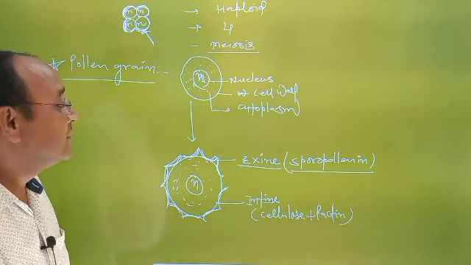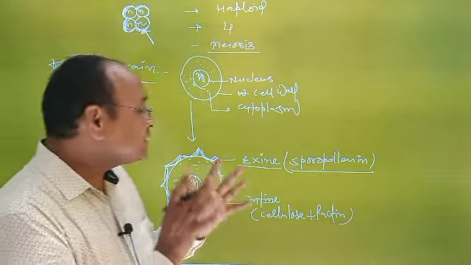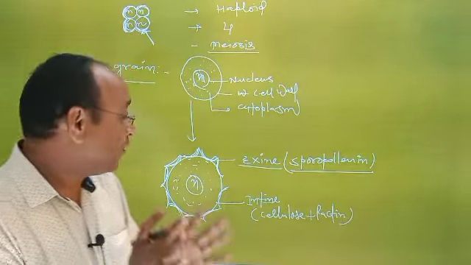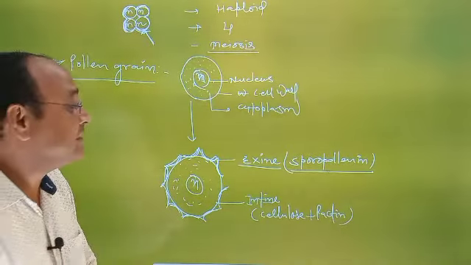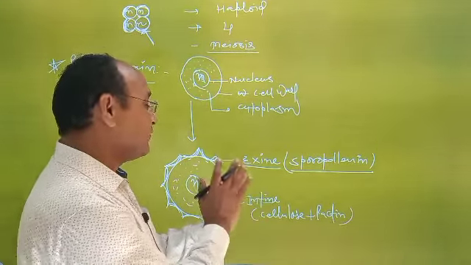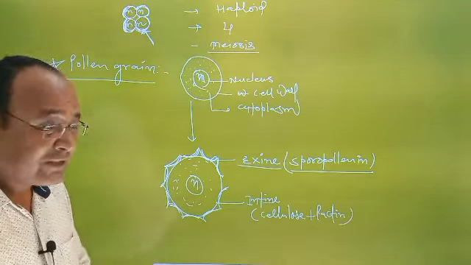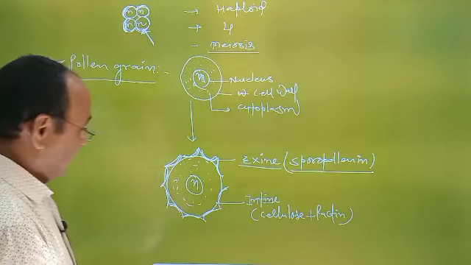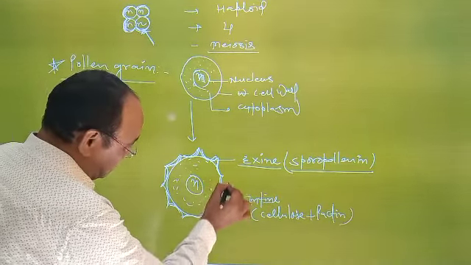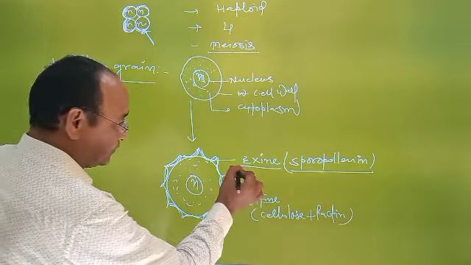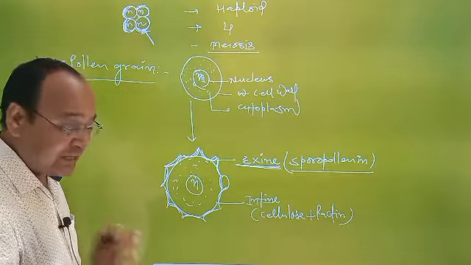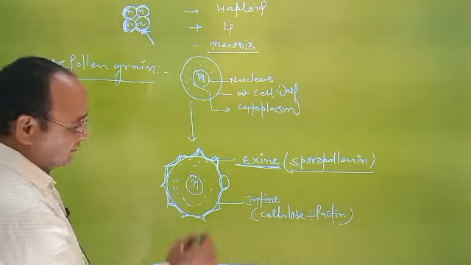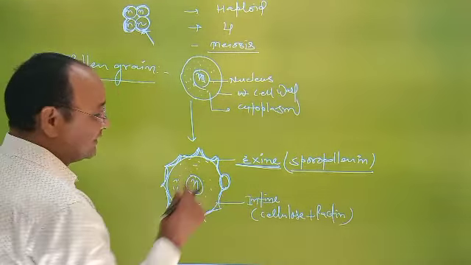So who is responsible for the fossil form of pollen grain? Your answer is sporopollenin, found in the exine.